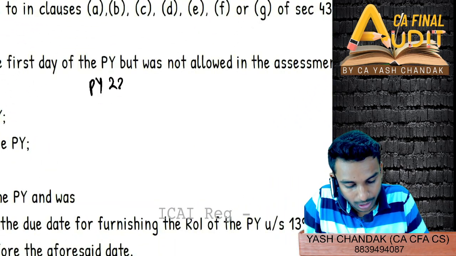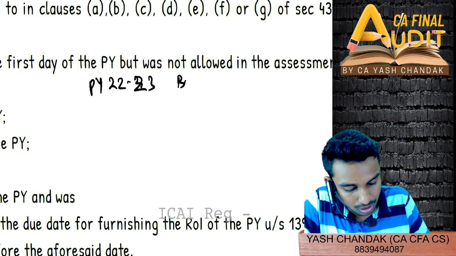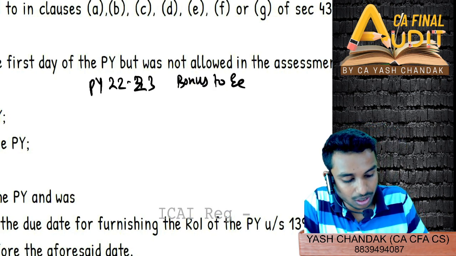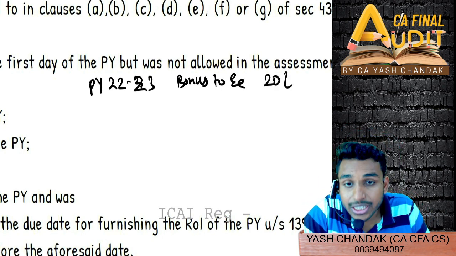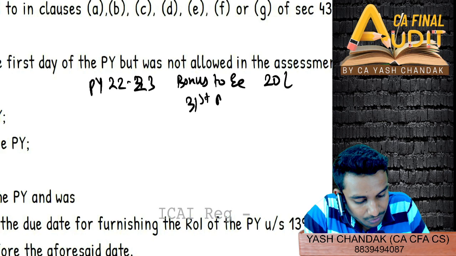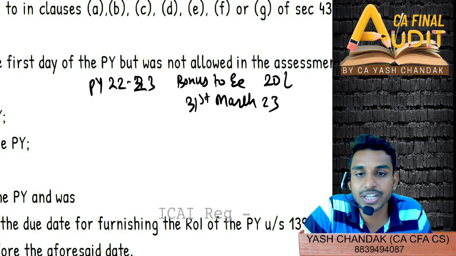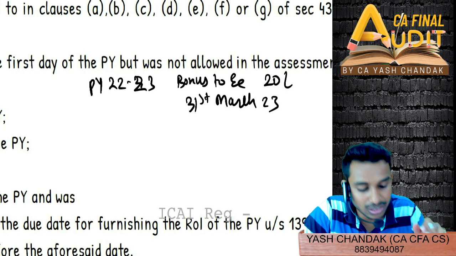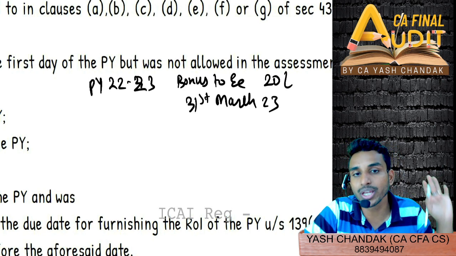Suppose previous year 22-23, bonus to employee of 20 lakhs is still due on 31st March 23. So for assessment year 23-24, that is previous year 22-23, this expense will not be allowed to me until I pay the amount to the employee.